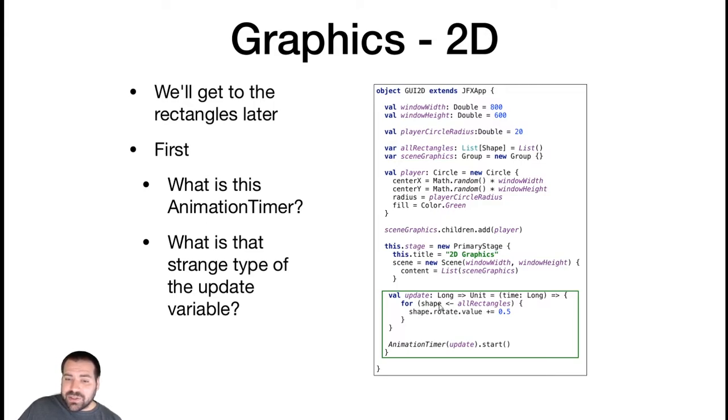I am just going to iterate through all of my rectangles, ignore the time completely. So I'm just going to rely on the frame rate being okay, which won't always be true. This isn't something I'd want to use in production or something I'm going to deploy. But I'm going to iterate through my shapes 60 times per second and just rotate them by half a degree.